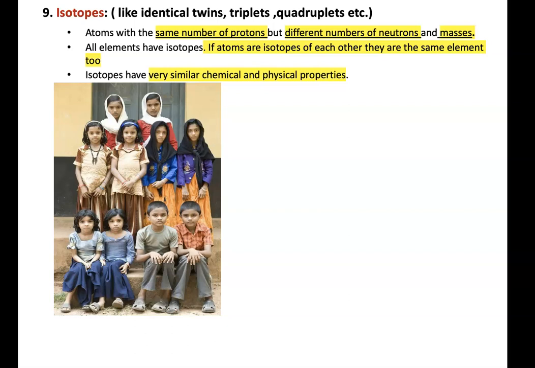So all elements have isotopes. If atoms are isotopes of each other, then they are obviously the same element. And isotopes have very similar chemical and physical properties.